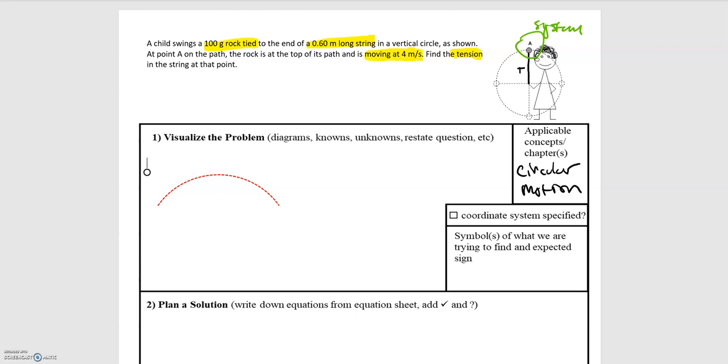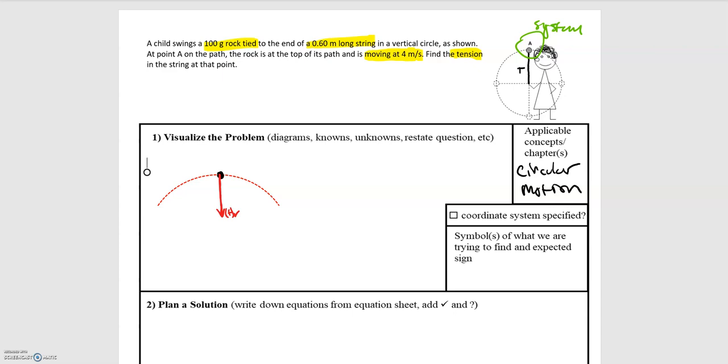Since it's circular motion, we want to deal with the radial direction, or the centripetal direction, and then the direction tangent to that, which will be the direction of the velocity of the object. So this is going to be point A here at the top of the arc. We're going to have the inward direction towards the center of the circle be the positive R direction.